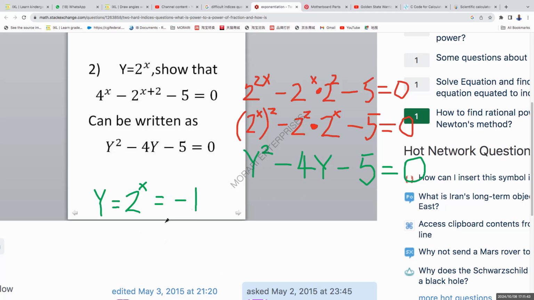How do we solve this type of question? 2 to what power will give us negative 1? The answer is impossible.